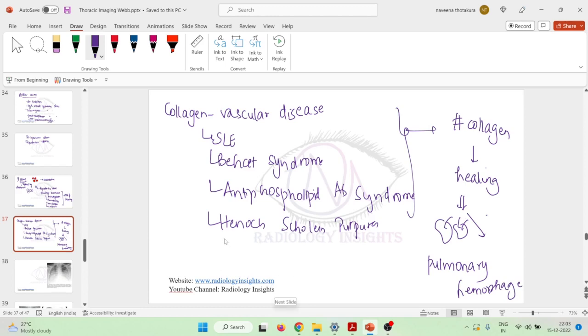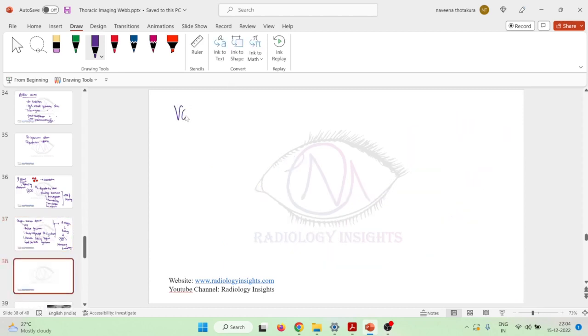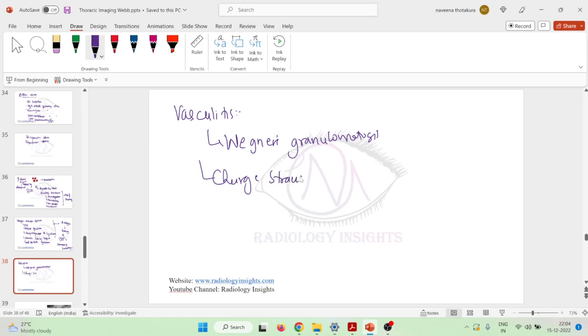Then even some more connective tissue disorders, like we have Goodpasture's syndrome. Okay, we also have certain vasculitis, which will also come under connective tissue disorders only. These vasculitis include Wegener's granulomatosis, then we have Churg-Strauss syndrome, then Churg-Strauss granulomatosis, then we have microscopic polyangiitis.